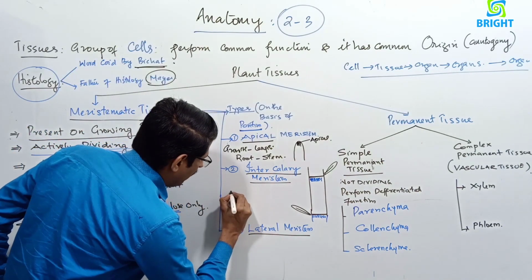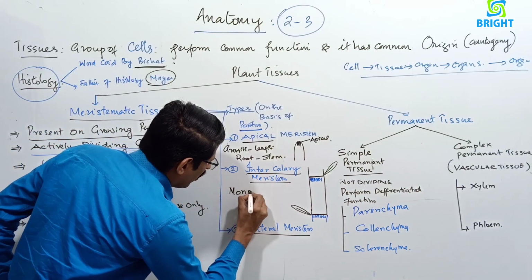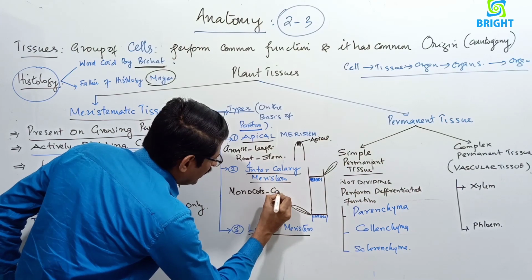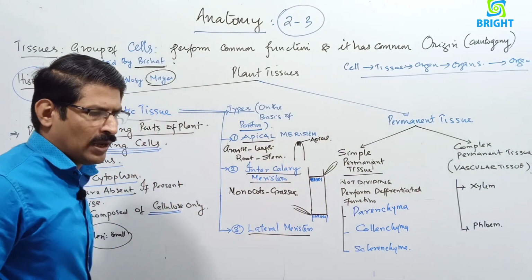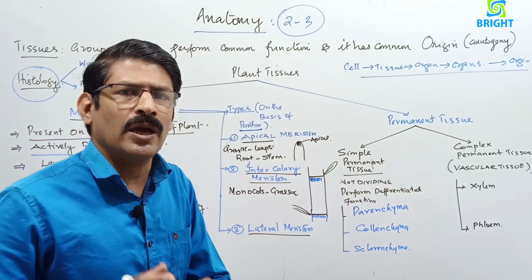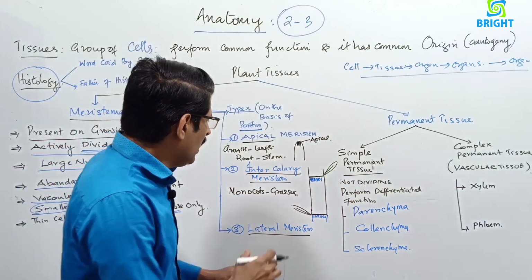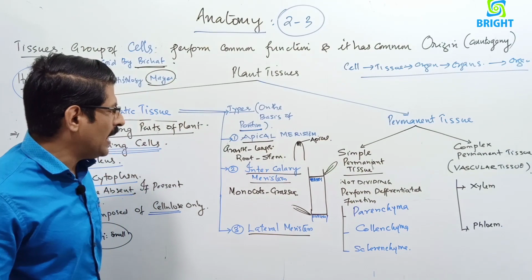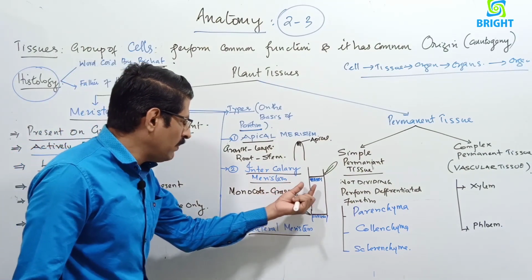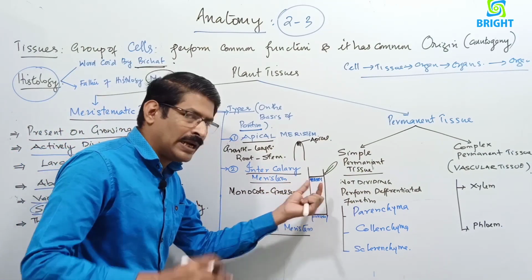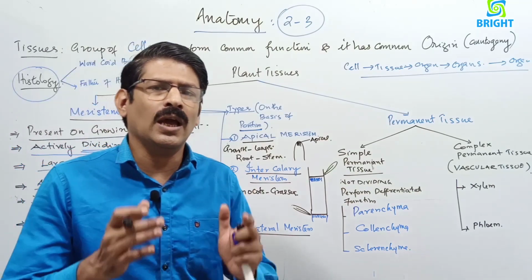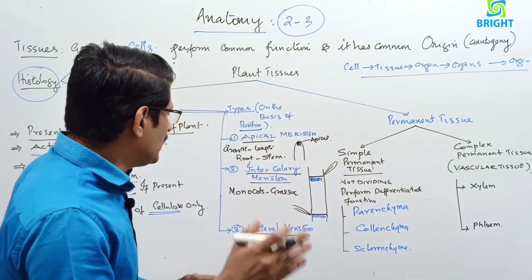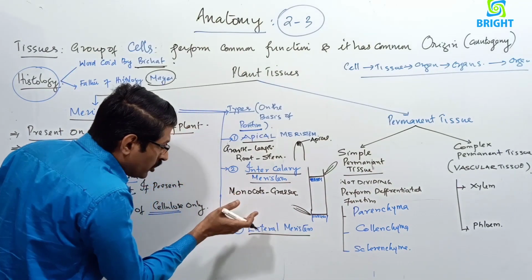It is present only in monocots, especially grasses. The length of the internode of grasses, bamboo, sugarcane, is due to intercalary meristem. So intercalary meristem is present in between the two nodes.